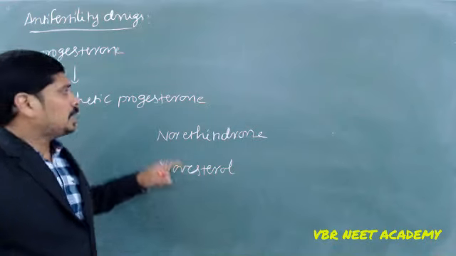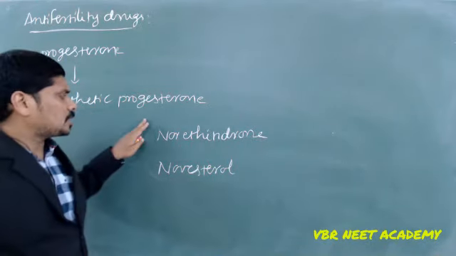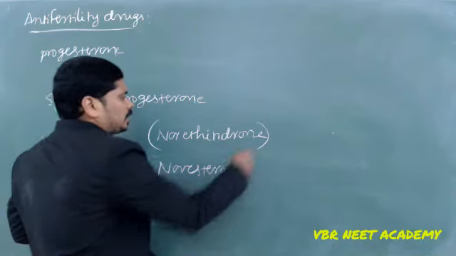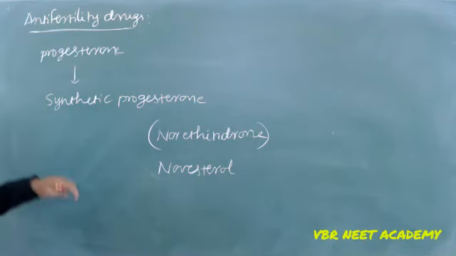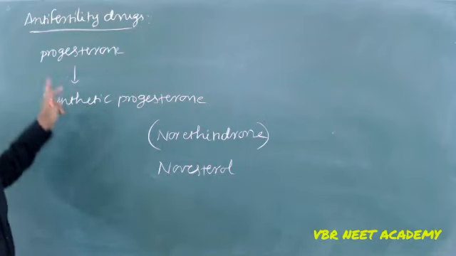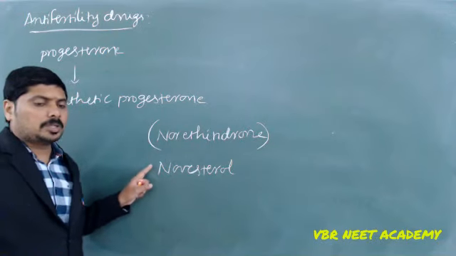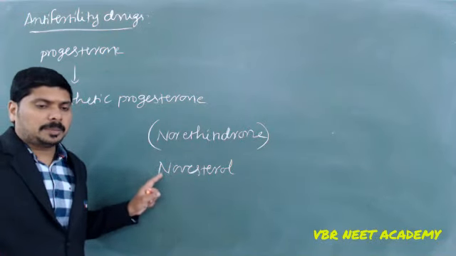Norethindrone is a synthetic progesterone. Synthetic progesterones are more effective compared to progesterone, and along with novestrol we use them for anti-fertility purposes.